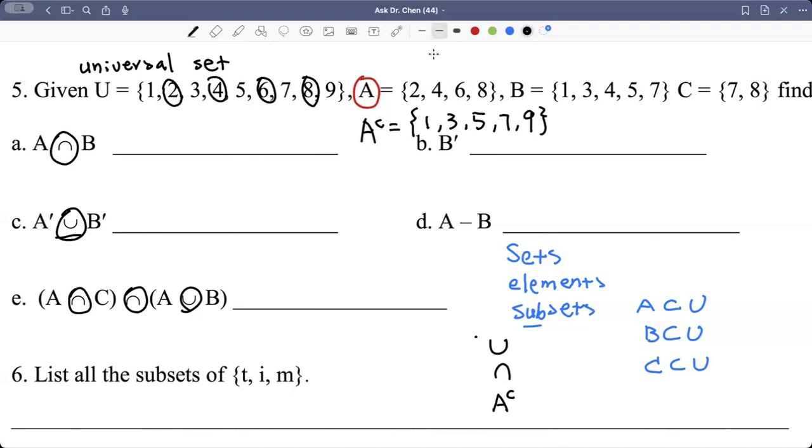So A union A complement is the universal set. Elements in A, plus elements not in A but in the universal set. So for any set, the union of it and its complement always equals the whole universal set. So those are the 3 operations on sets.